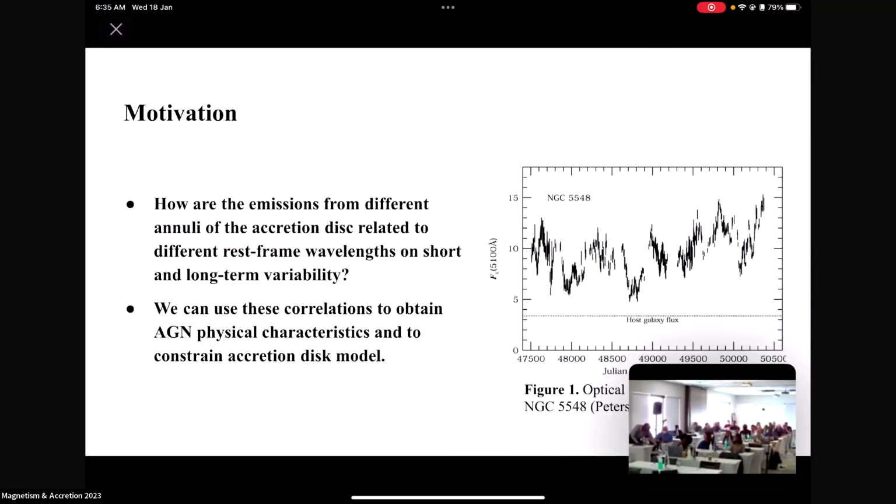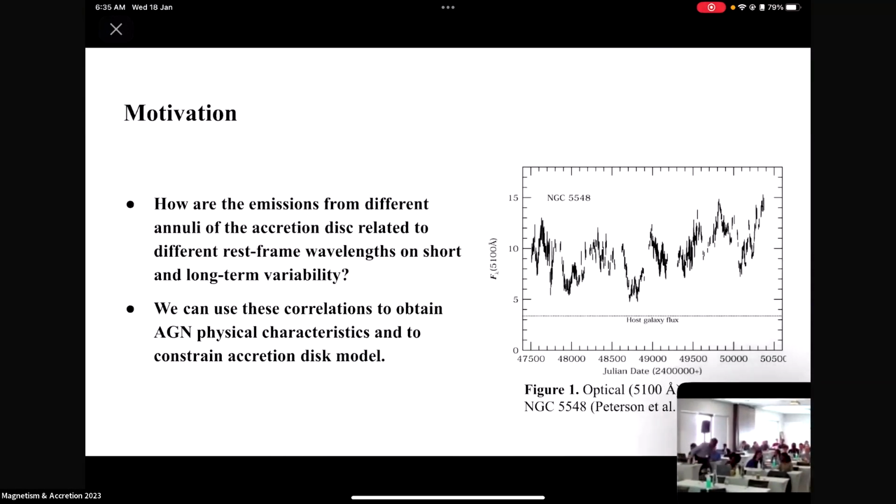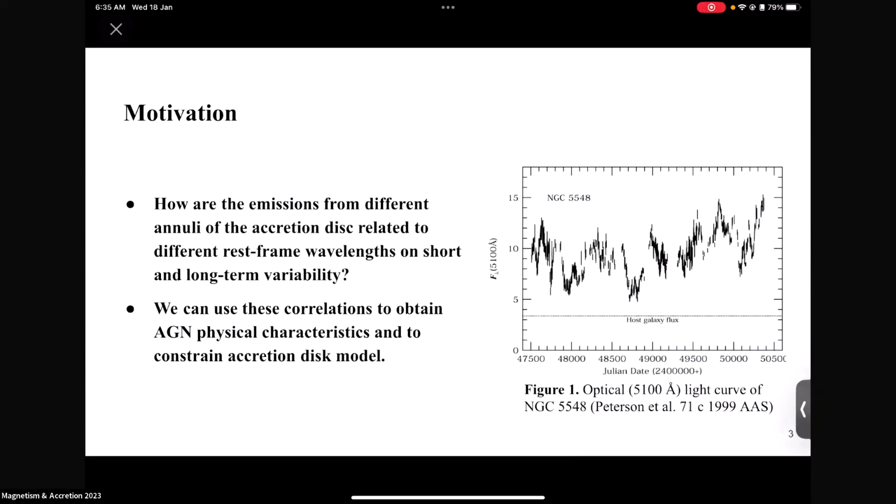Here on the right, you can see the optical light curve of the Seyfert 1 NGC 5548 galaxy. This is one example of the varying light curve of the active galactic nuclei.